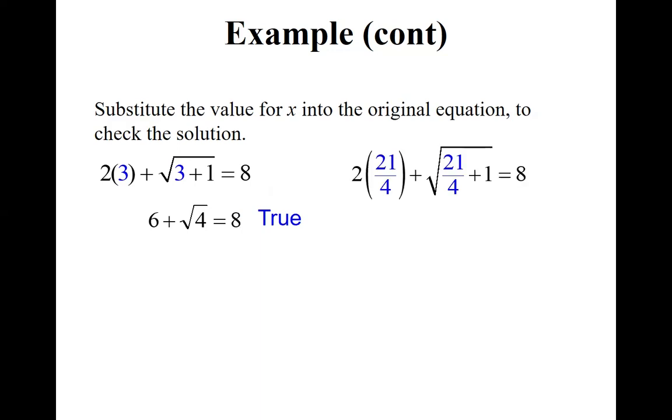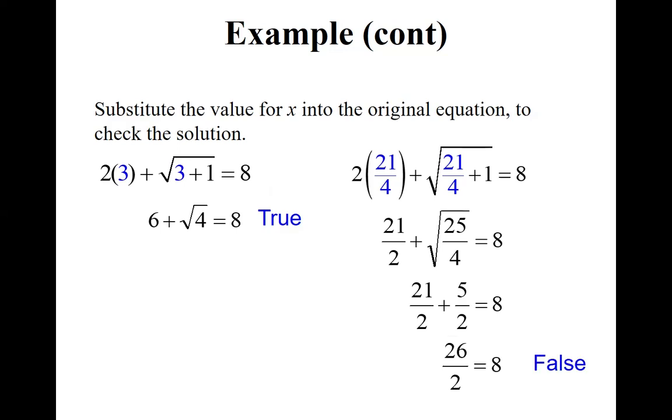That's true. If we plug 21/4 in, that's 42/4, which is 21/2, plus the square root of 21/4 plus 4/4, which would be the square root of 25/4, which would be 5/2. 21/2 plus 5/2 is 26/2. 26/2 is 13. 13 does not equal 8.